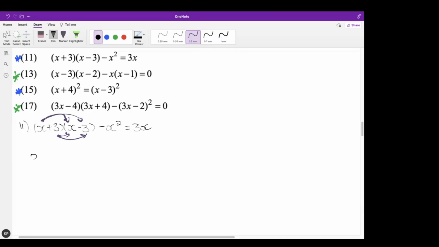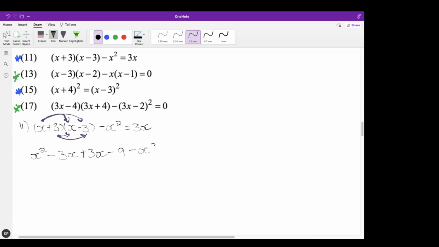My first is x squared. My outer is x times negative 3, which gives me negative 3x. My inner is positive 3 times x, so that's plus 3x. And my last is positive 3 times negative 3, which is negative 9.